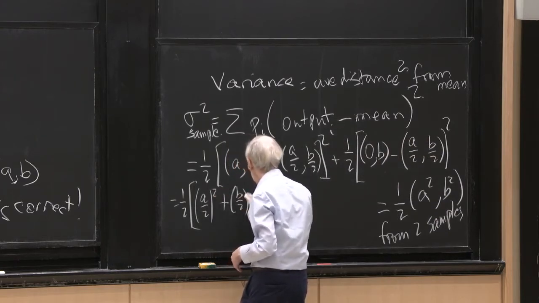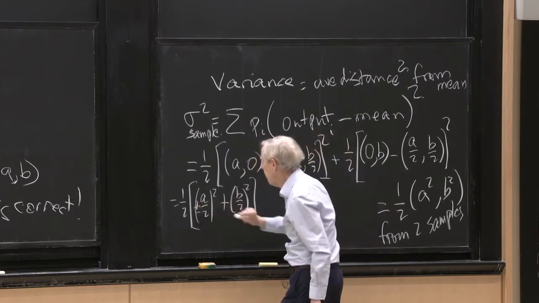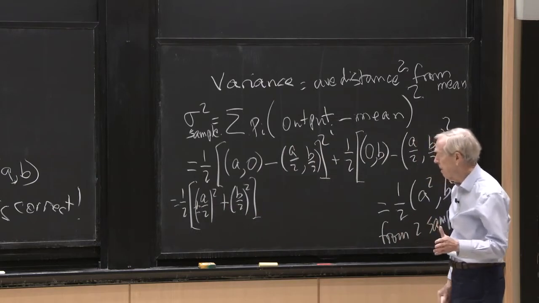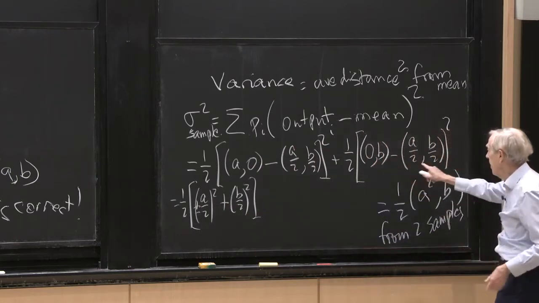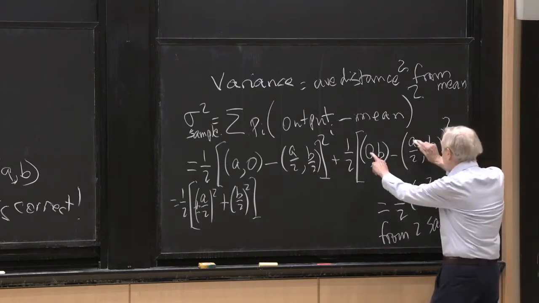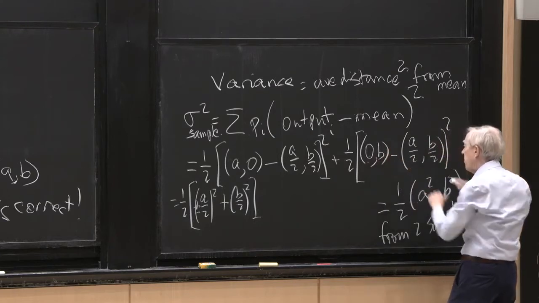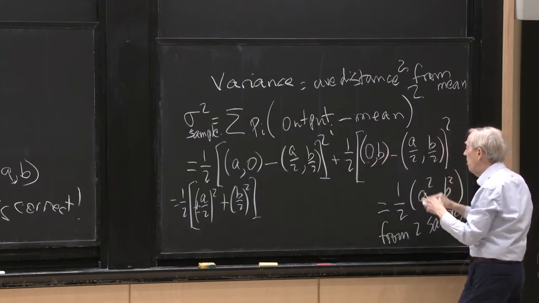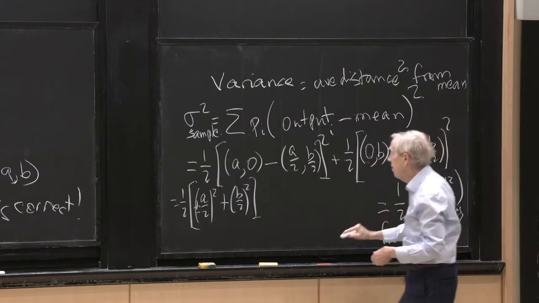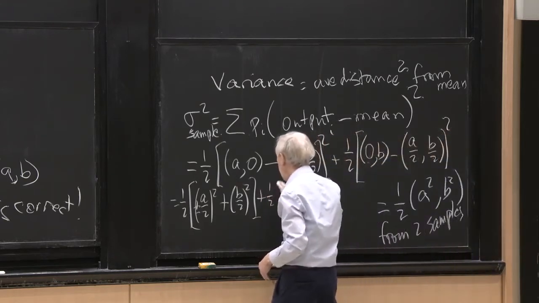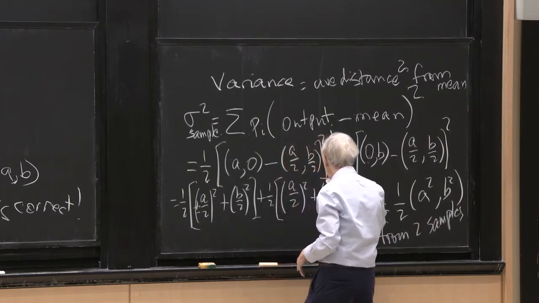I'm missing by plus or minus, but when I'm squaring them, that's the whole point of variance, doesn't matter. And here I think I'm wrong by A over 2, and I'm wrong by B over 2 or minus A over 2, but when I square them again, doesn't matter. So I think I get another half of A over 2 squared plus B over 2 squared.